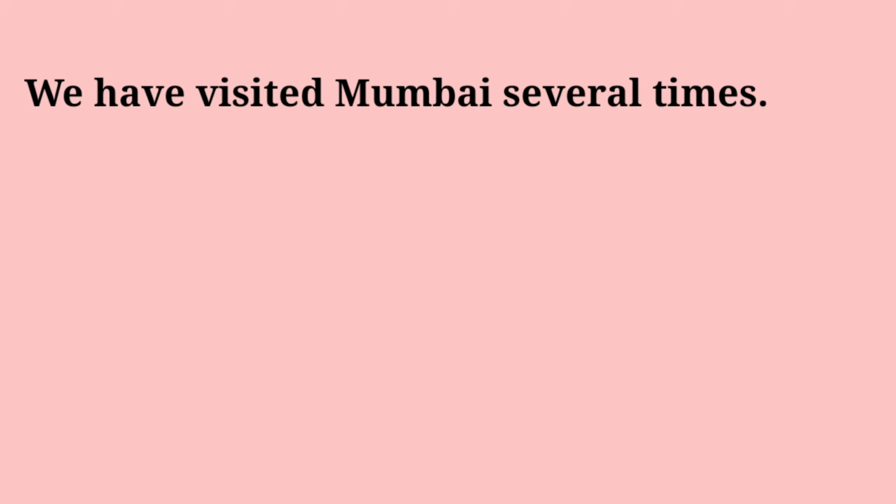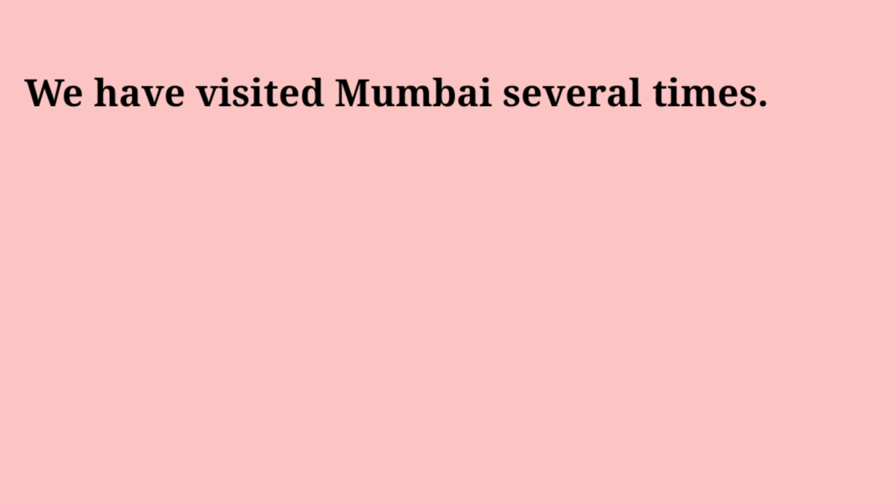Now let's move on to understand where all we can use the present perfect tense. First of all, we use this tense to describe a repeated action during an unspecified time between the past and the present. I know it sounds confusing, but you will understand with the help of these examples. The first example is, we have visited Mumbai several times.